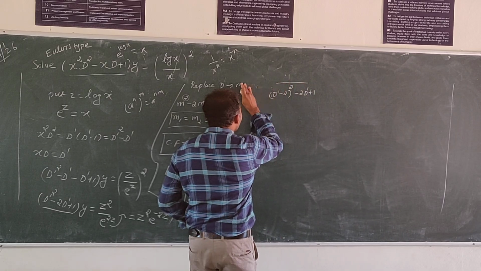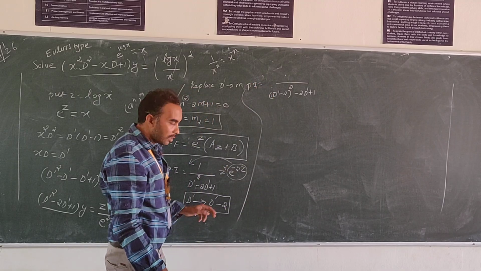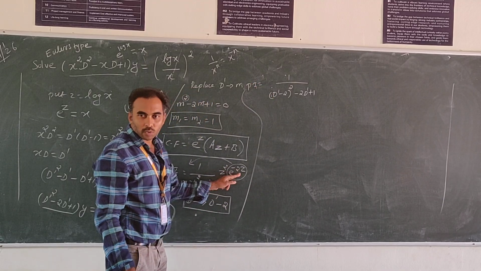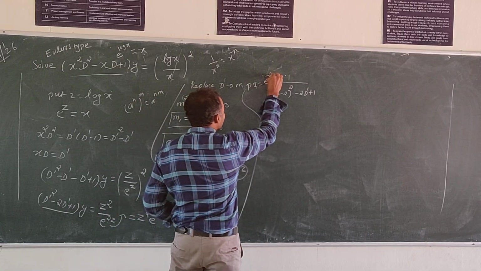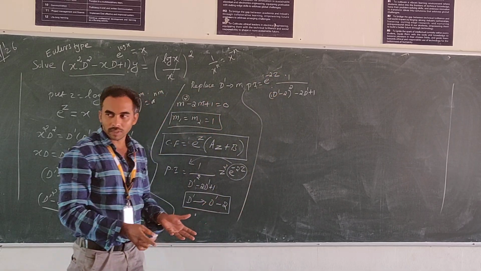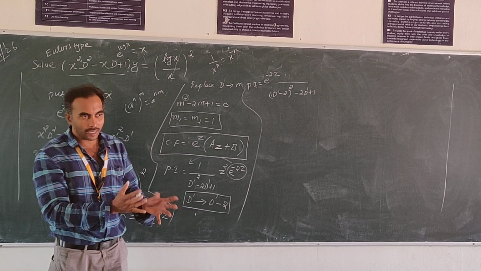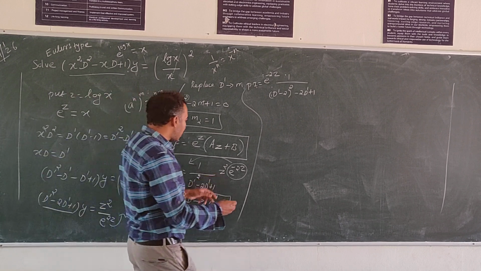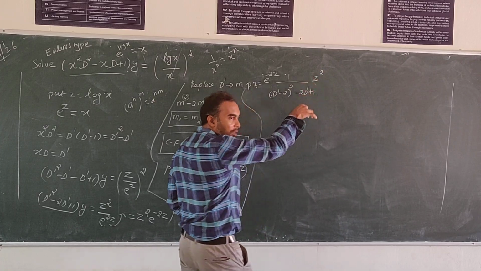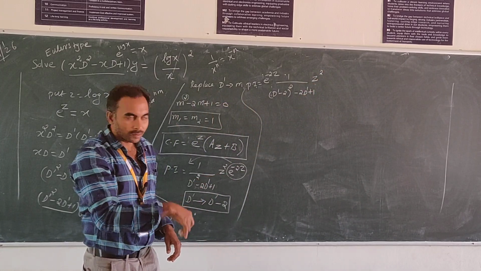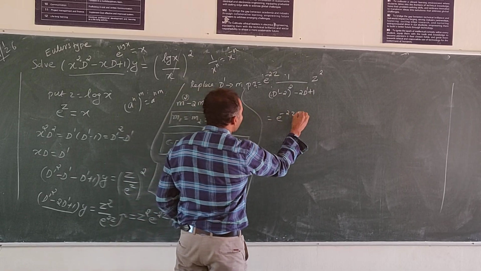Which one's duty is over? e^(−2z)'s duty is over, so we write it outside. To vary it we are writing like that. Next, z² whose duty doesn't end. Next e^(−2z) times.